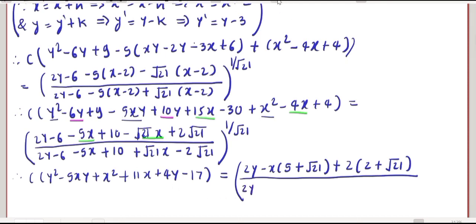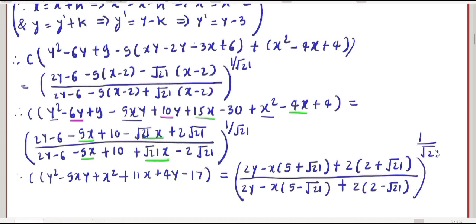Again we take minus x common from these two terms, we get minus x into 5 minus under root 21. Now from minus 6 plus 10 and minus 2 under root 21, we get 2 in the bracket, 2 minus under root 21, raised to 1 upon under root 21.